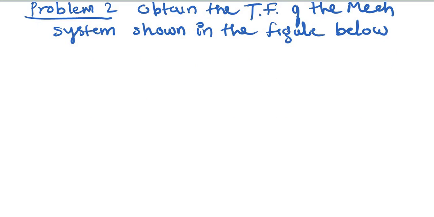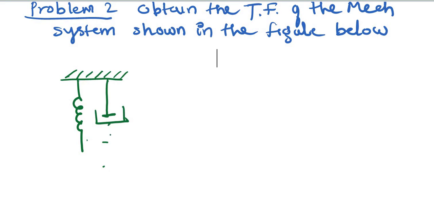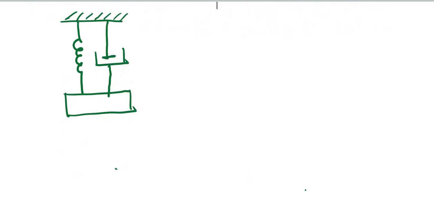So the system is like this. This is the fixed support. This is the spring. This is the damper. There is one mass M1.